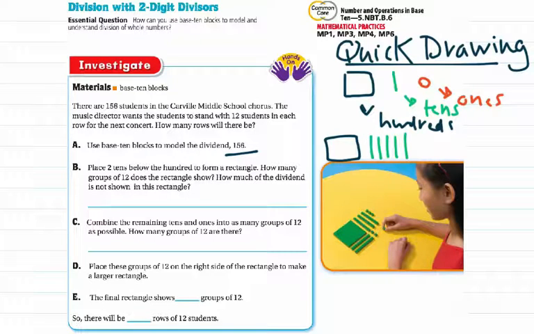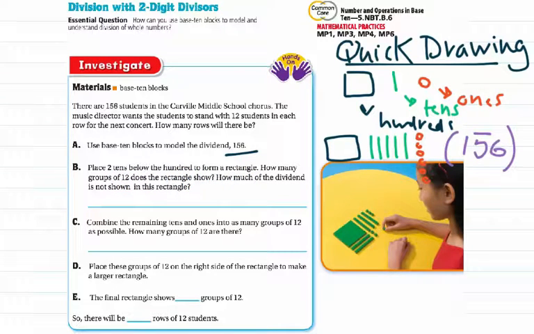And then we're going to model 6 ones: 1, 2, 3, 4, 5, 6. When we check our drawing, we know that on the side, our drawing is representing our dividend, which is 156.